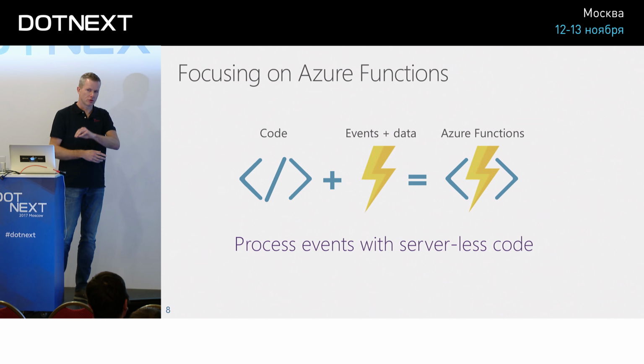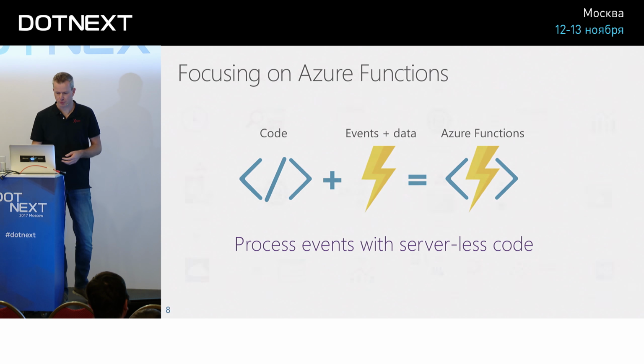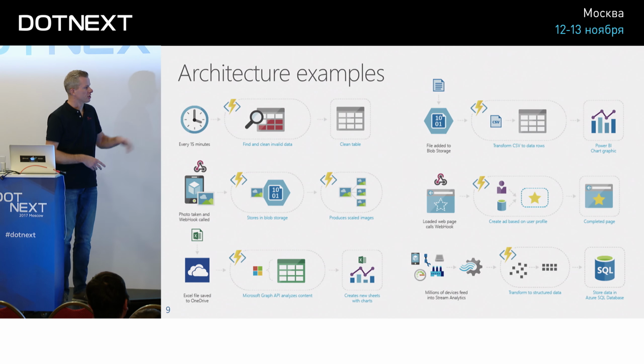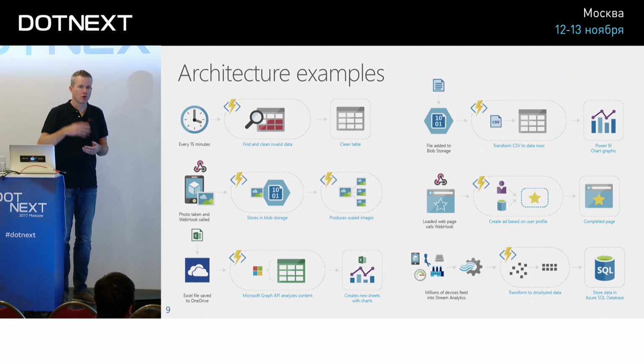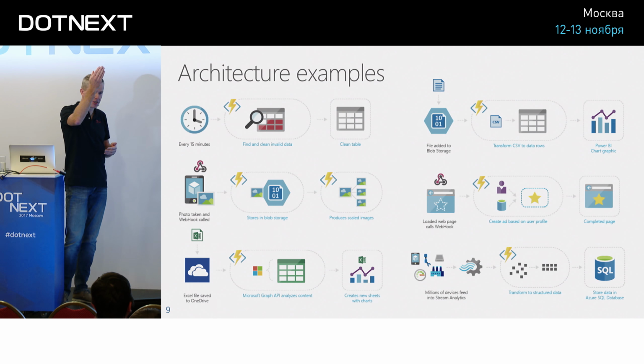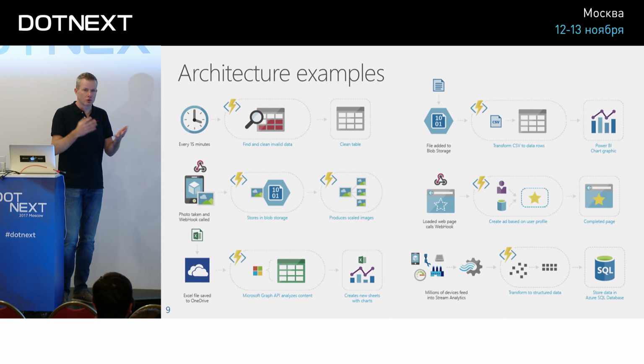So it's processing events, and you're writing code that's executed at the server. And there are all these scenarios of what you can actually build with something like that, something happening. So it could be time happening, like every hour you execute a bit of code to clean your logs or your tables with some SQL function that you execute.